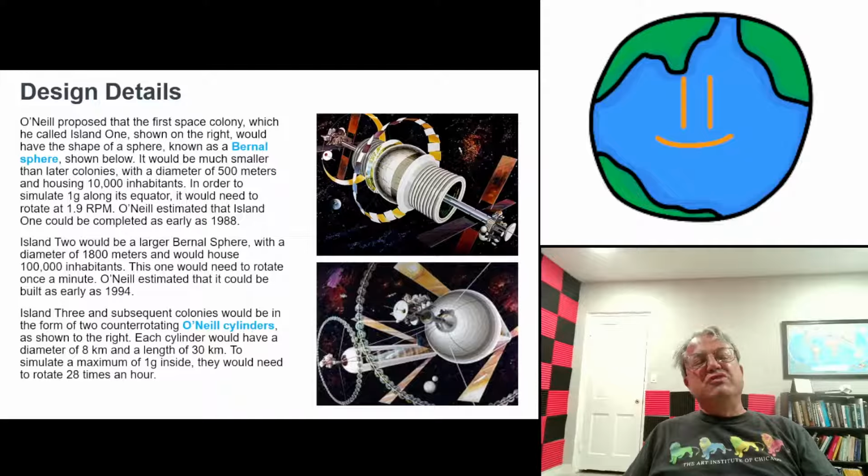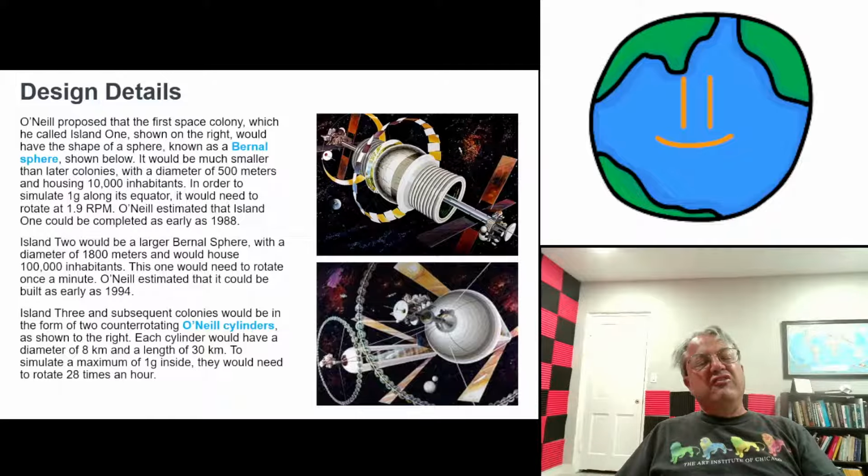And these things would be very long, and you'd have to have at least two of them because they'd be rotating, and otherwise it would act like a gyroscope. It would just spiral all over the place. You wouldn't want that. So in order to make it stable, you have to have two O'Neill cylinders rotating in opposite directions. Then the whole system would be stable. It wouldn't be a gyroscope.